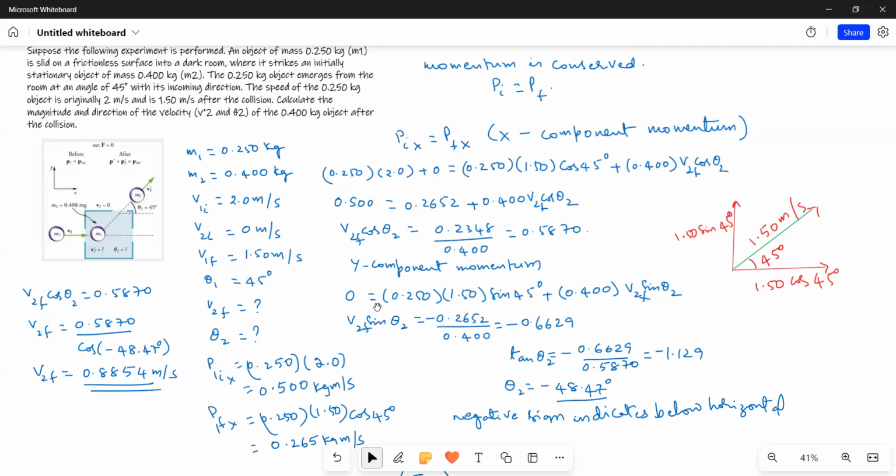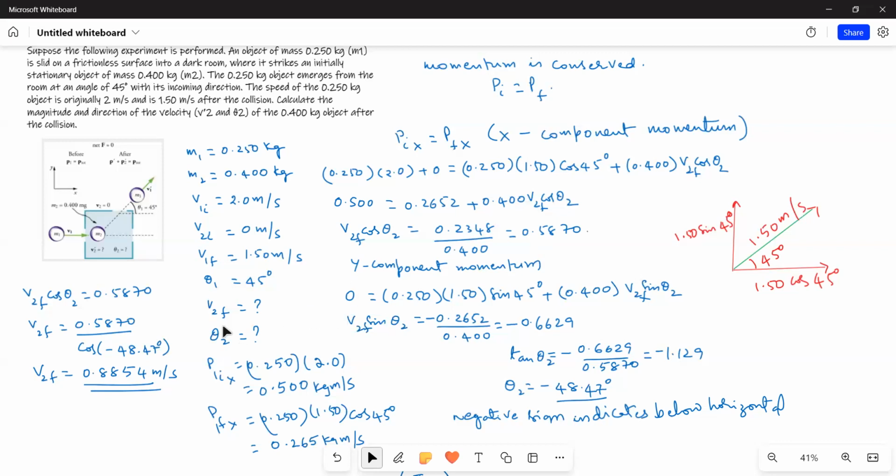Using this value, I will find the velocity of the second mass after the collision. For that, I will take this equation: V2f cos theta 2 is equal to 0.5870. Then I plug in the values and get V2f is equal to 0.8854 meters per second as the velocity of the second mass after the collision.